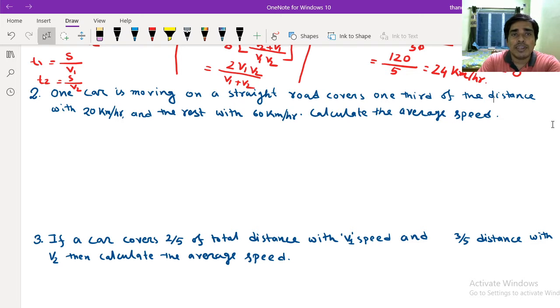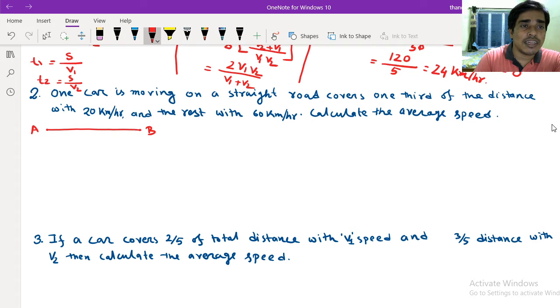One car is moving on a straight road and covers 1/3 of its distance at 20 km per hour and the rest at 60 km per hour. Calculate the average speed. First of all, I will derive the formula. Suppose this is the total journey.